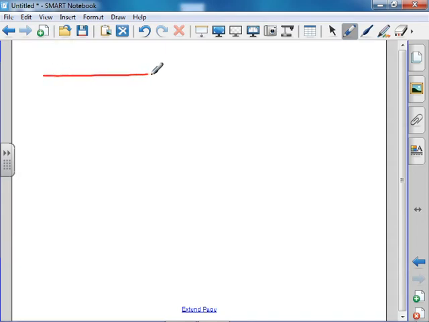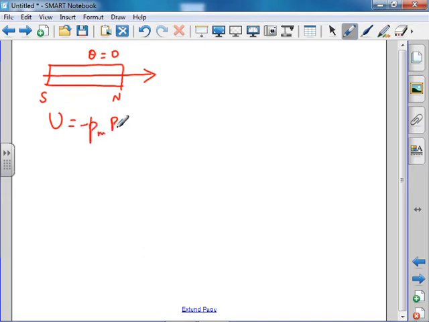That is, if the magnetic field is in this direction and the bar magnet is aligned along this direction, இது south pole-ஆவும் இது north pole-ஆவும் align ஆனுச்சுனா theta will become 0 and the potential energy is negative. It is minus pmb, that is minimum. Okay.